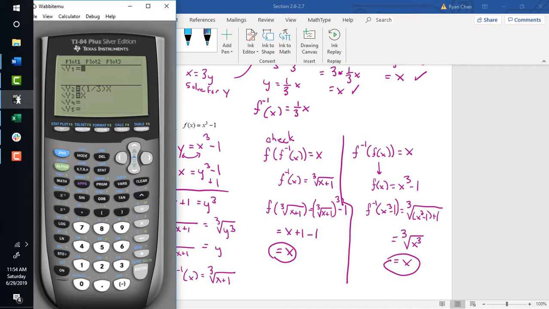Now, or you can do it like this, x plus 1. And remember, cube root is the same thing as raising something to 1/3. So I can do exponent and then parentheses 1/3. And then I'll do my x cube minus 1.